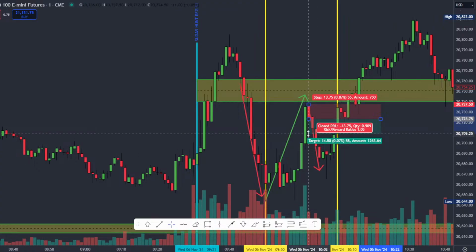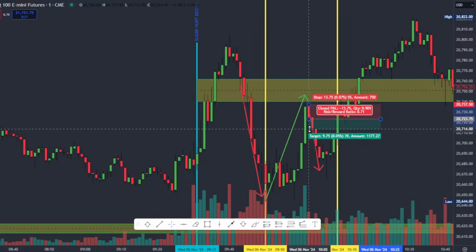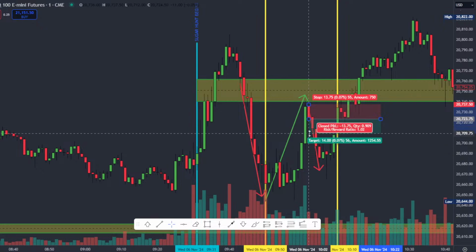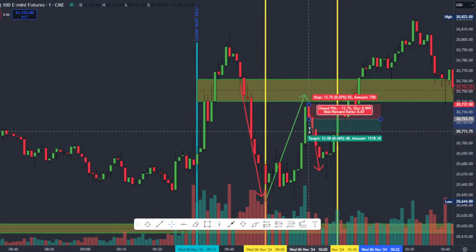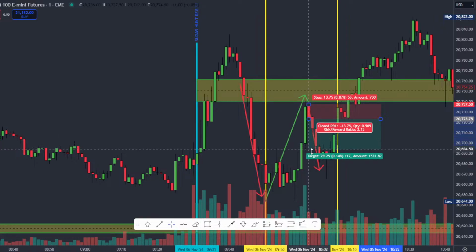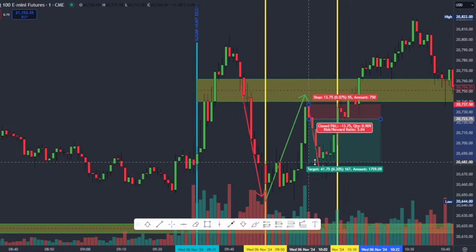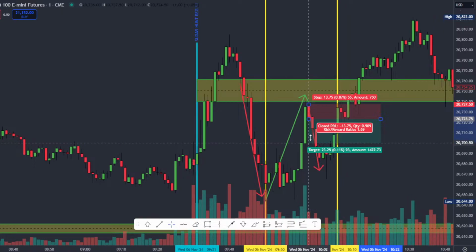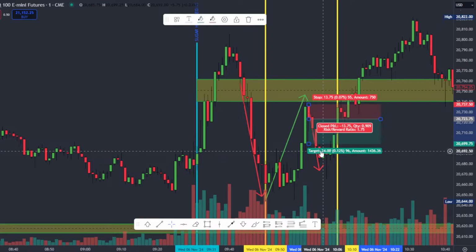Remember, everything above about 10 points is extra. So your 10 points is about right here. And I would say you would get to at least maybe this much. Because for me, when I'm in the trade, I would move my stop here above this green candle.